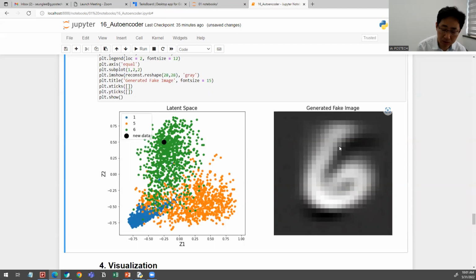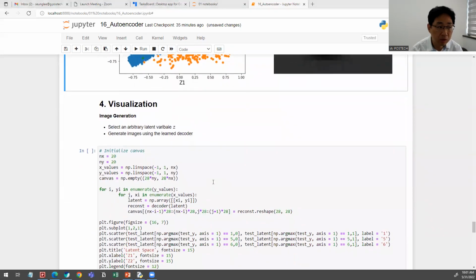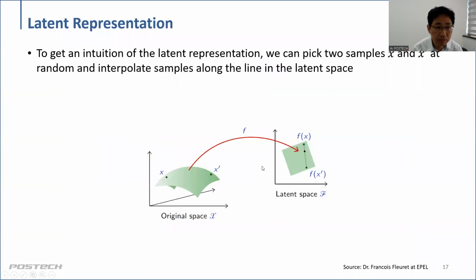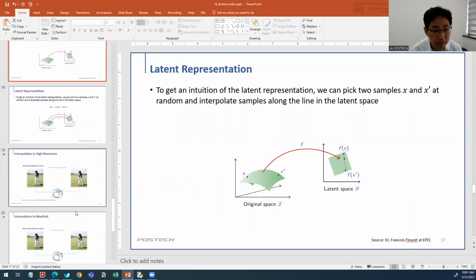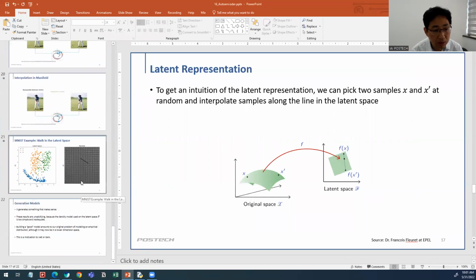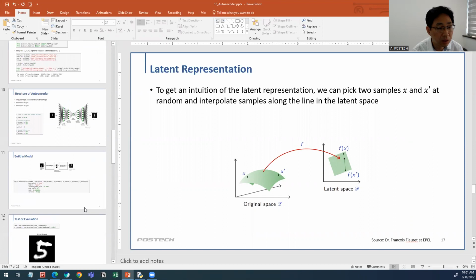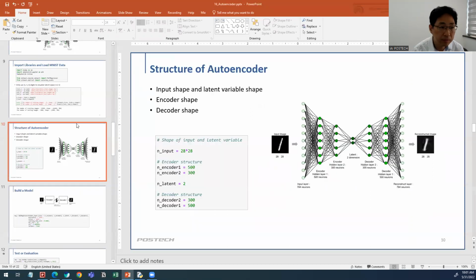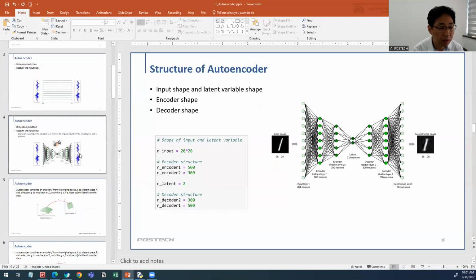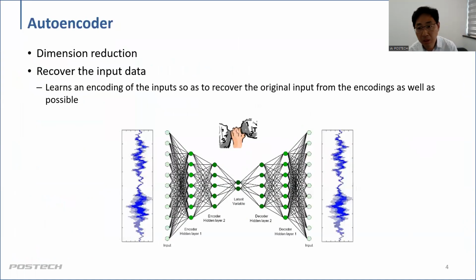Using the autoencoders. So if you remember, the original motivation of the autoencoder is that I want to copy or duplicate the inputs as the outputs.